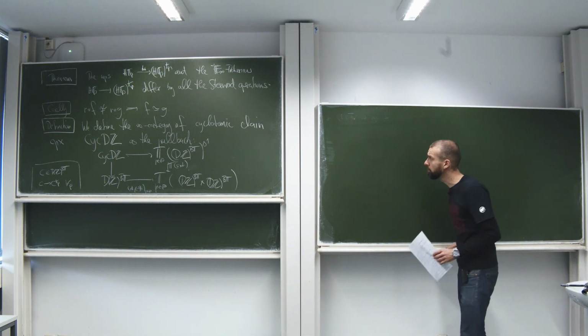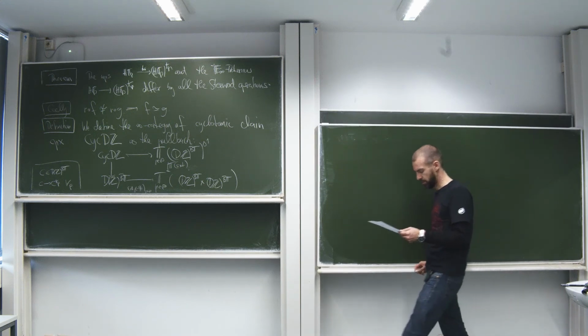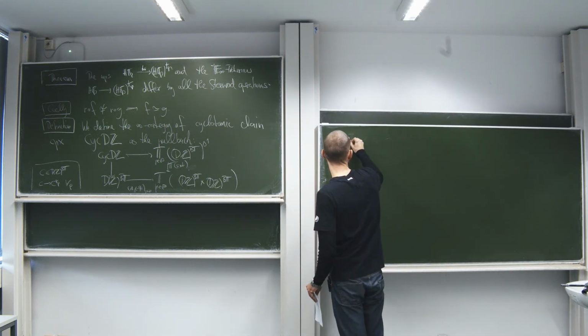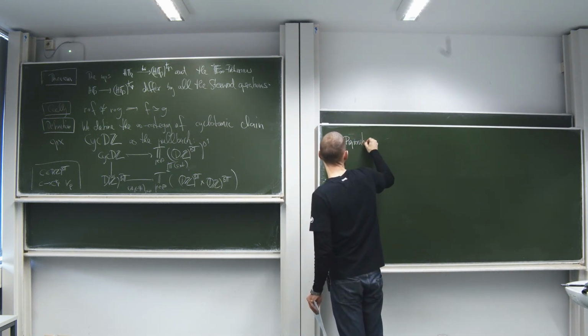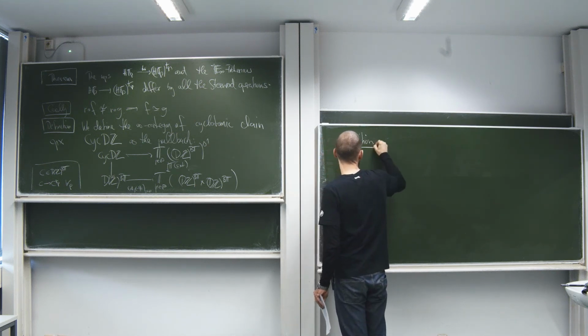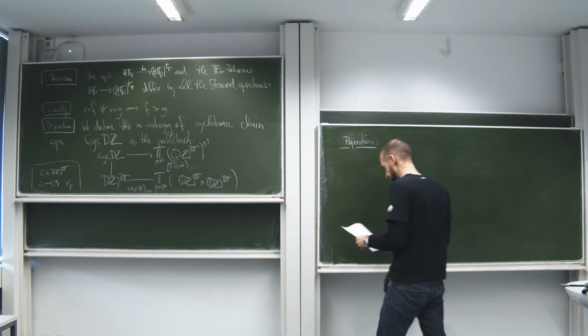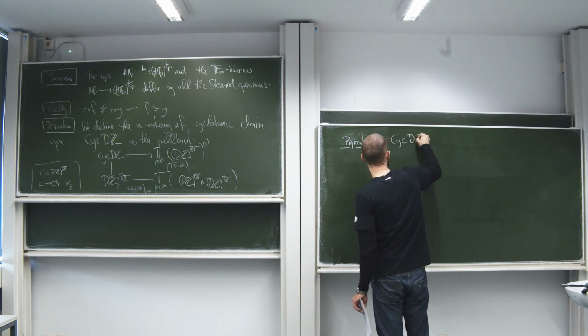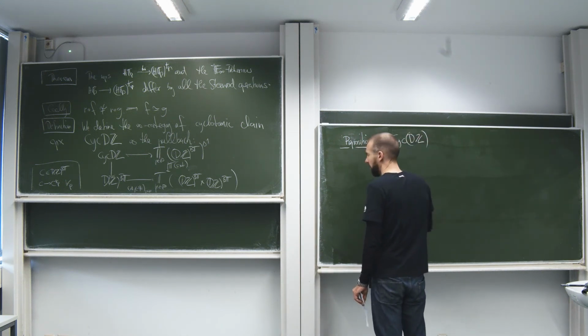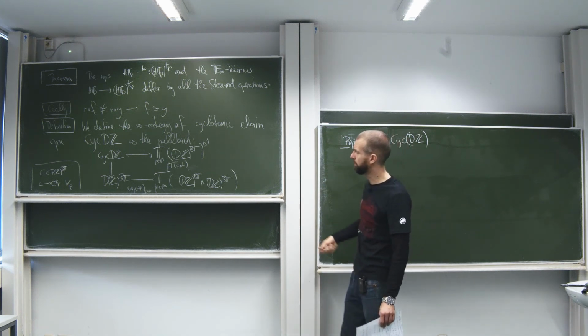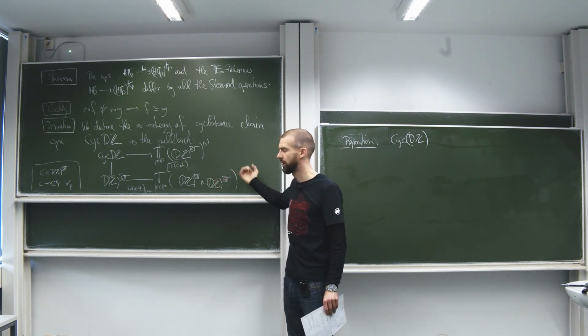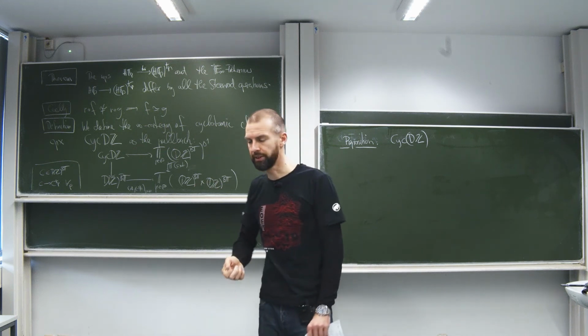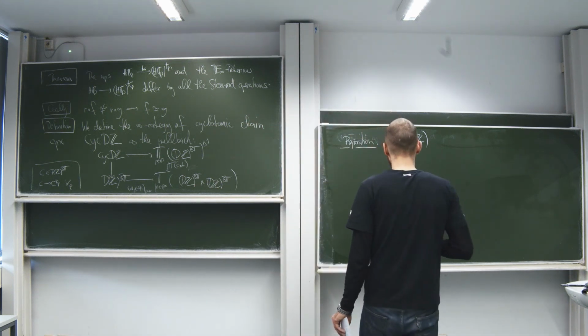And now the point is the following. Proposition: the category of cyclotomic chain complexes. And by the way, maybe I should have mentioned, obviously you can give that definition for any nice enough stable infinity category where the Tate construction makes sense.